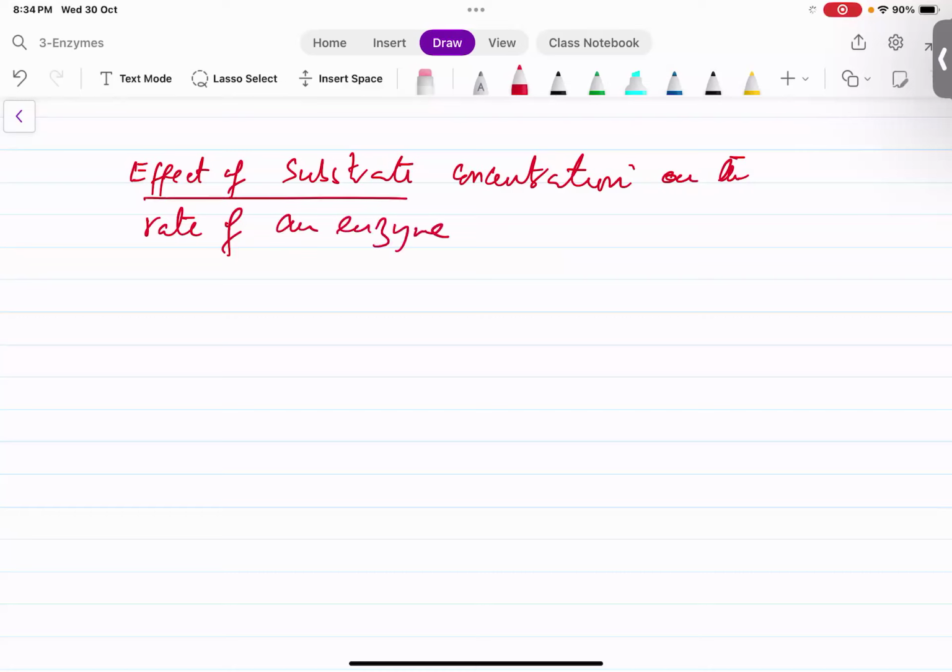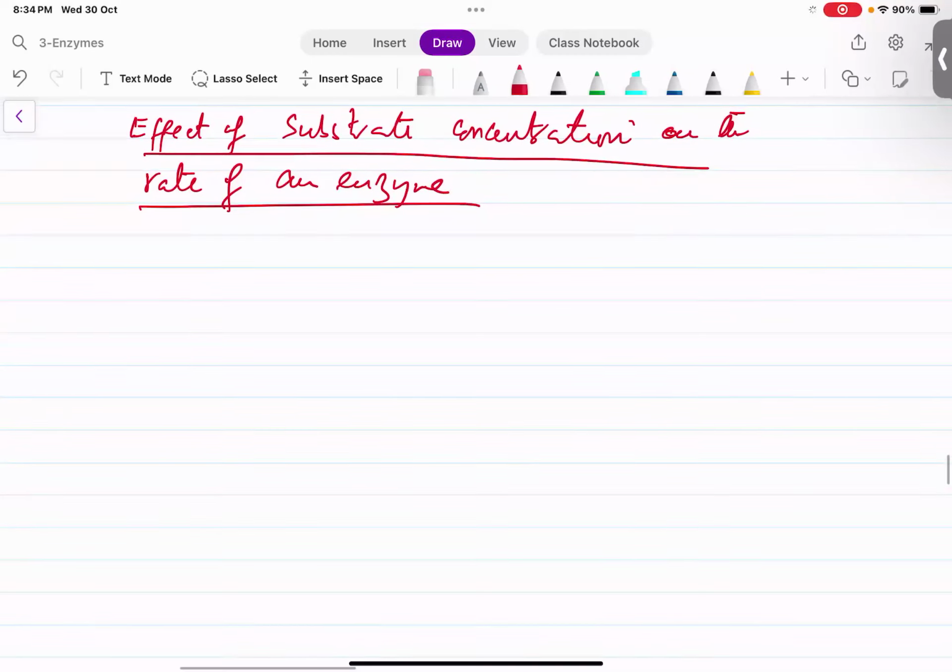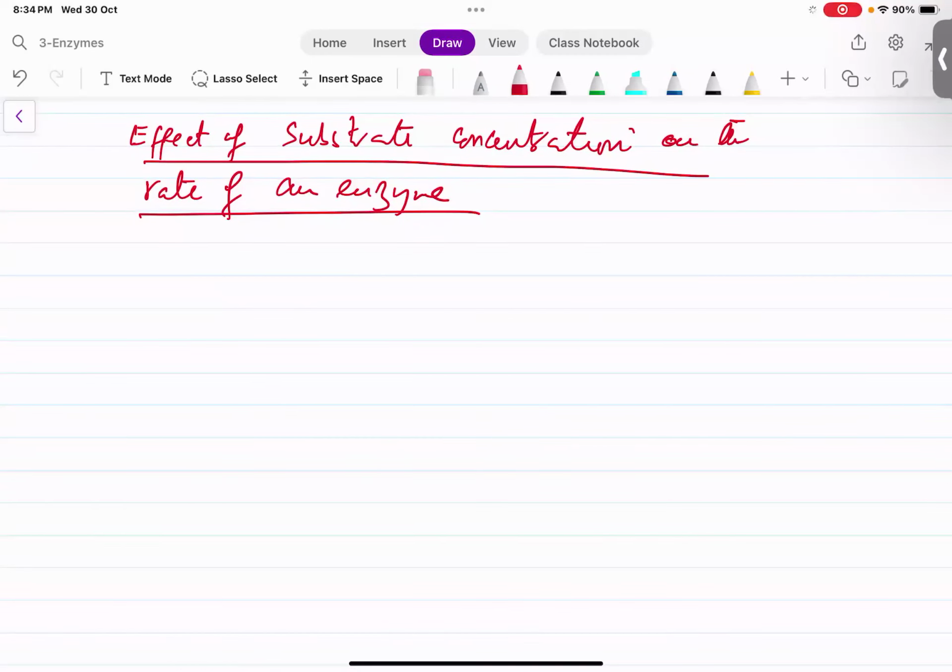Now we can take the same concentration of an enzyme, but we vary the substrate concentration. The rest of the other conditions like temperature, pH, and volume are kept constant, and we record the volume of oxygen collected at various substrate concentrations. And then similarly, we calculate the initial rate of an enzyme action at different substrate concentrations.